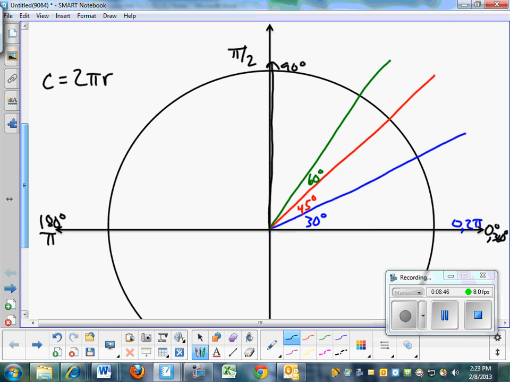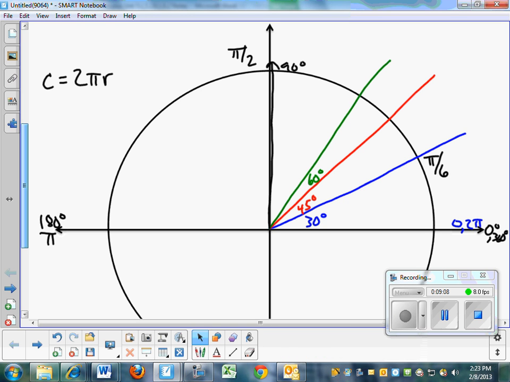How about 30? How many times does 30 go into 180? 1/6, right? 30 is 1/6 of 180. So 30 is going to be 1/6 pi, or pi over 6.